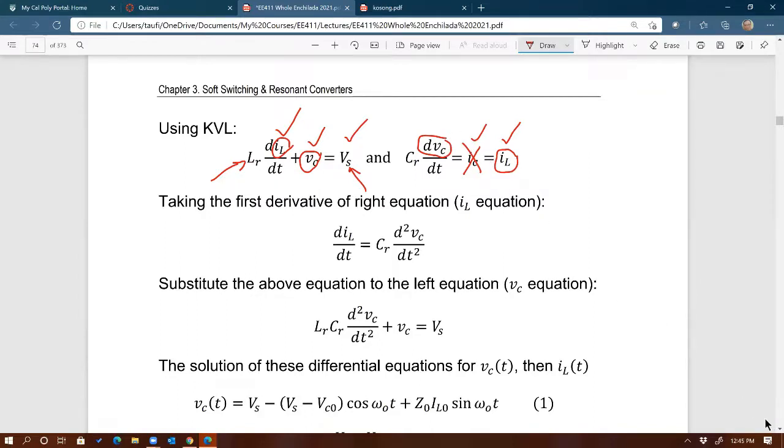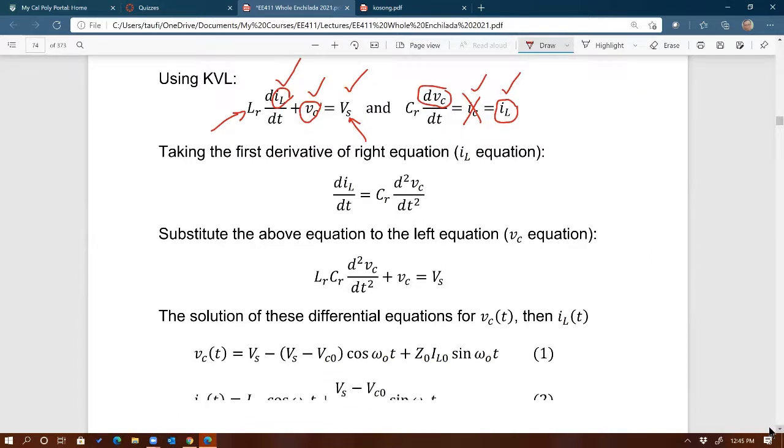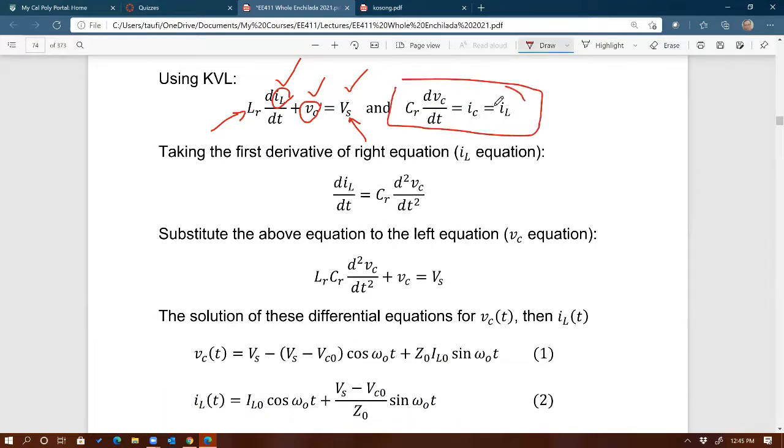You could definitely reduce the two equations into one equation with one unknown, for example, by taking the first derivative of the second equation. If you take the first derivative of this equation, you get dIL/dt equals C times the second derivative of VC. See that?